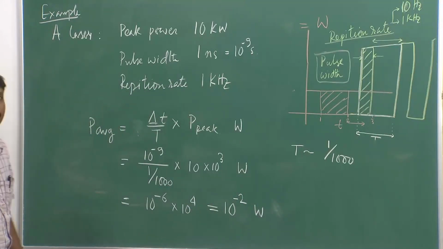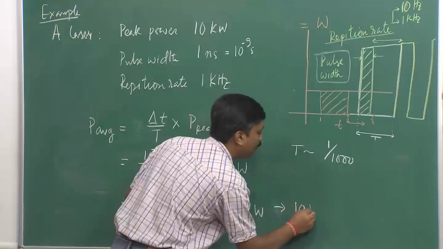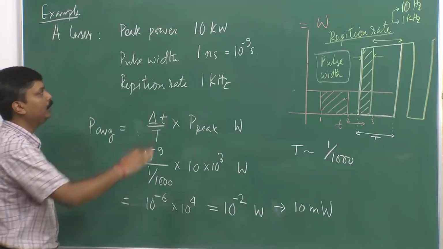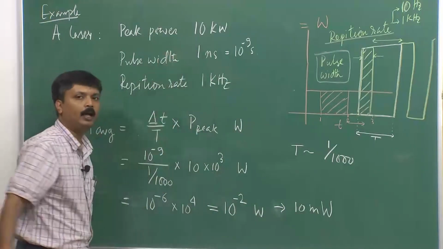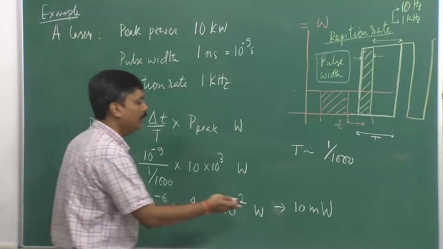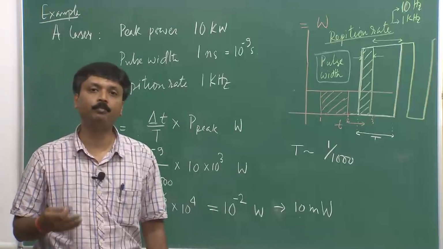Essentially this is nothing but 10 milliwatt. So, you can see if a pulse laser has 10 kilowatt peak power, it gives 10 milliwatt of average power. So, that much is the difference.